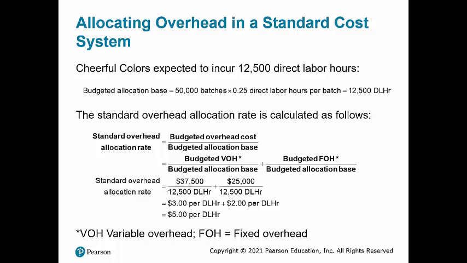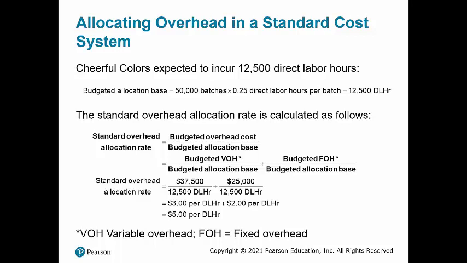Cheerful Colors allocates overhead based on direct labor hours. We saw in the static budget that Cheerful Colors expected that production would be 50,000 batches of crayons. At that level of production and using the direct labor efficiency standard of 0.25 direct labor hours per batch, Cheerful Colors expected to incur 12,500 direct labor hours.